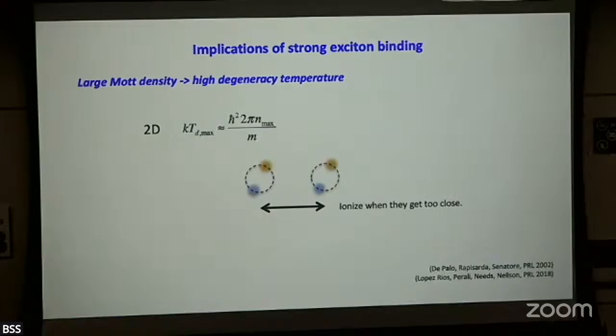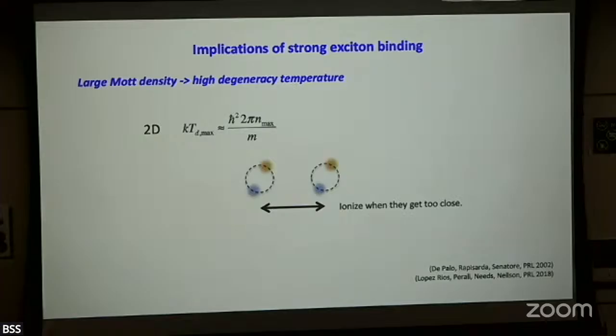When you put two excitons very close to each other, they will ionize. We call this the exciton Mott transition. It's different from the Mott transition we talk about for electrons, the metal-insulator transition. This Mott transition is when two excitons are very close to each other, they ionize.